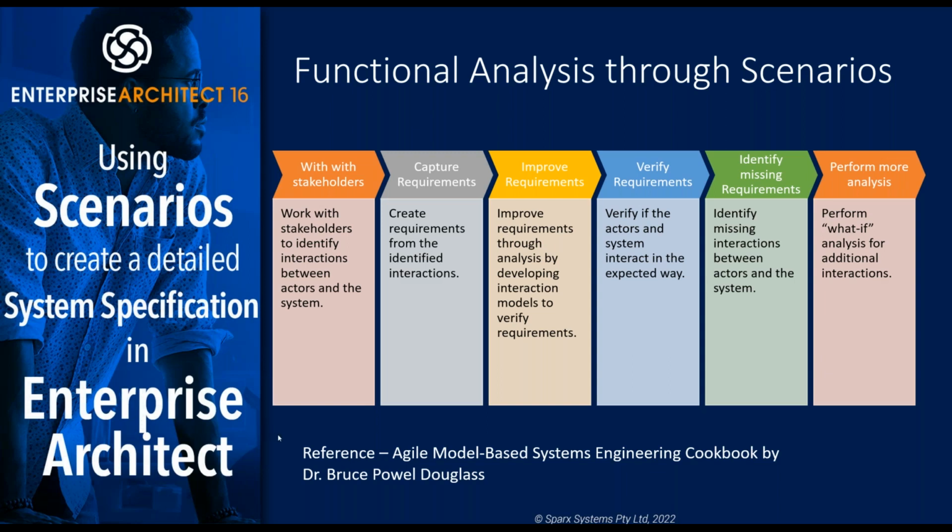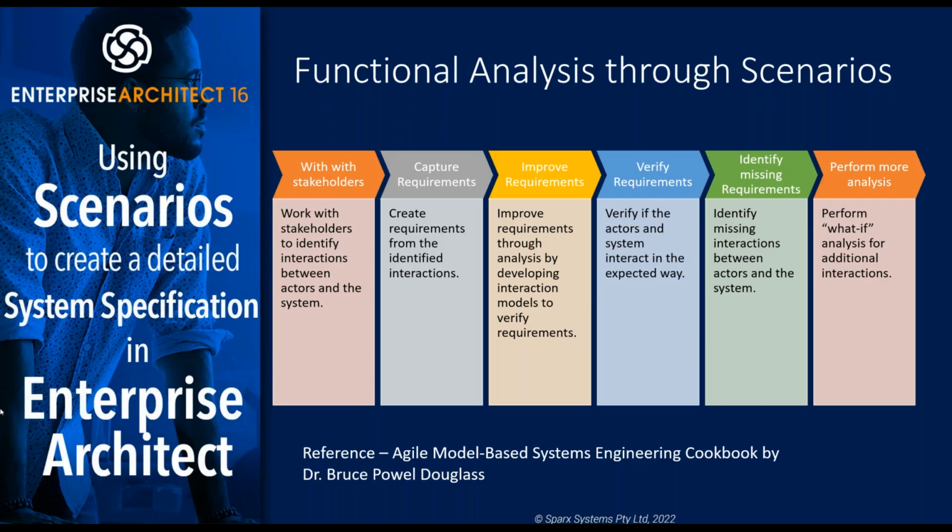The approach that I'm taking for this webinar is basically referenced from the Agile Model-Based Systems Engineering Cookbook by Dr. Bruce Powell Douglass. It's a great book. Now I'm going to take you into the model.